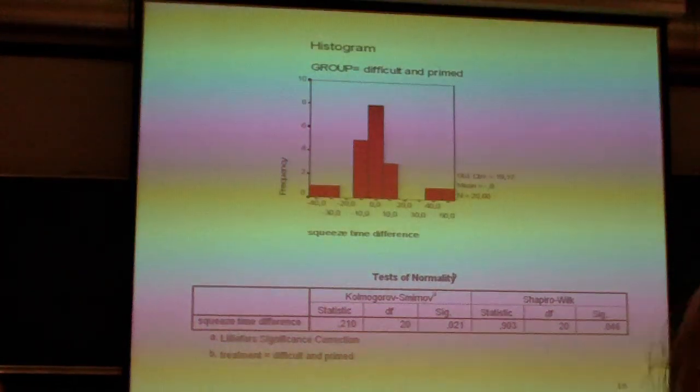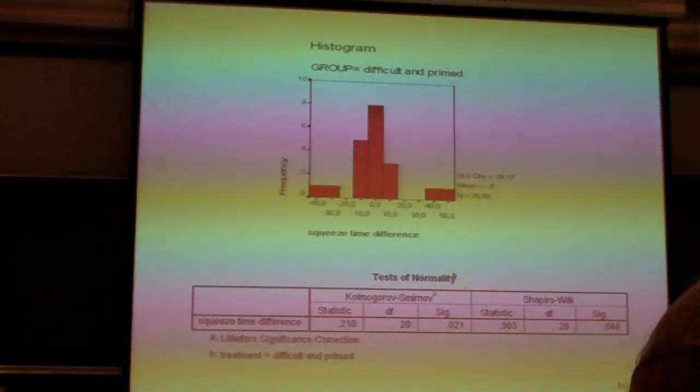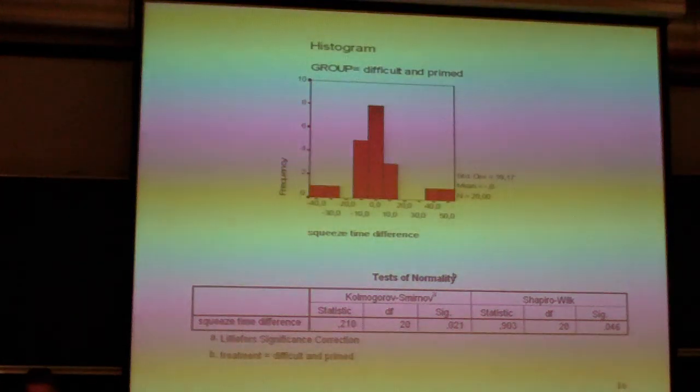Okay, so we're trying to get an impression of whether or not these assumptions are actually met. So here we have the group that was faced with difficult labyrinths and which was primed to hold on, and we can see that the distribution of scores is fairly symmetric.